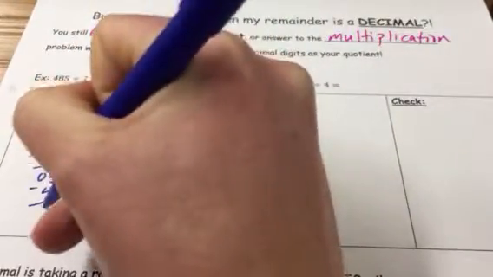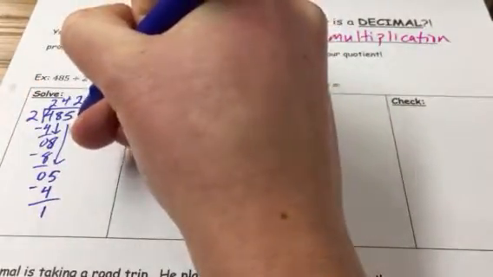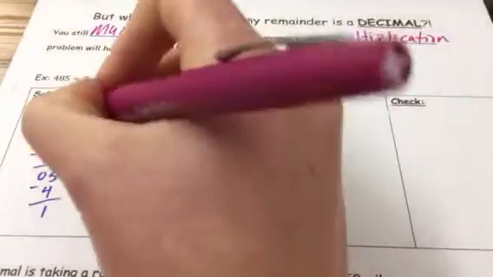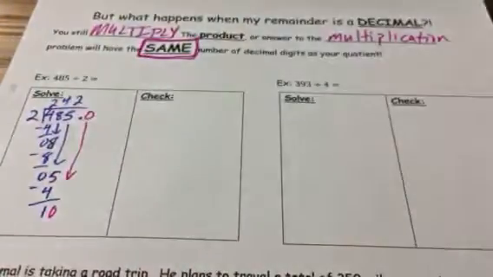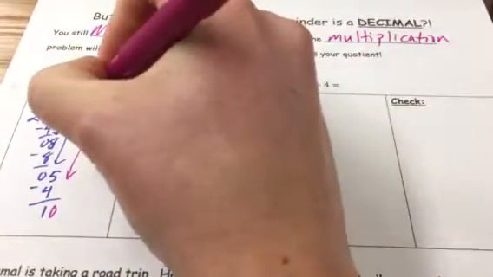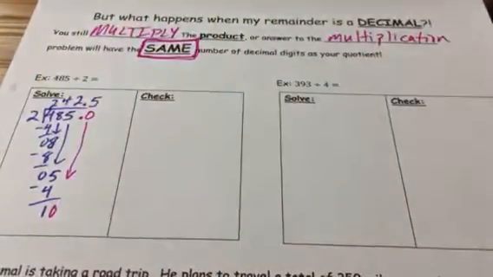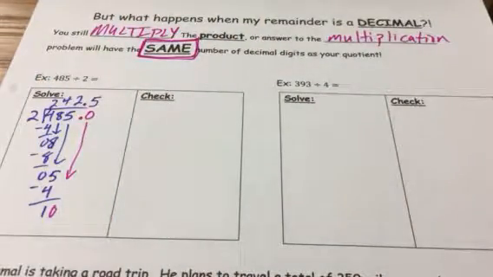I subtract 4. I have 1 left over. Now we're going decimal route, so I'm going to tack on a decimal and a 0 and bring it on down. 2 goes into 10. Bring my decimal straight up as well. 2 goes into 10 5 times. Okay, so I'm feeling pretty confident that this is the right answer, 242 and 5/10.